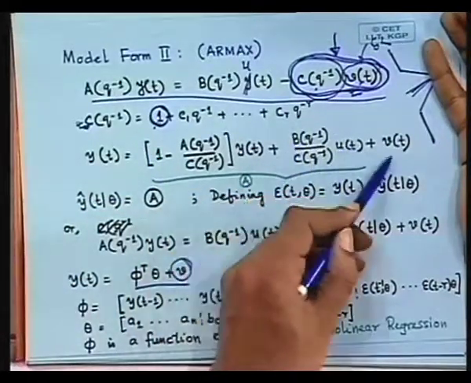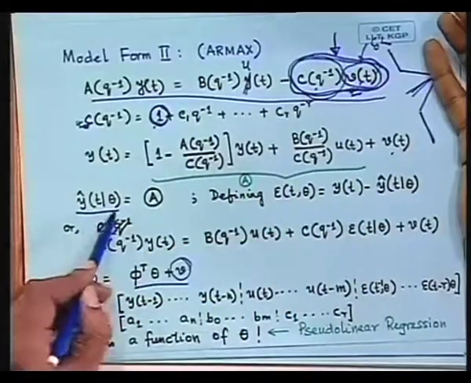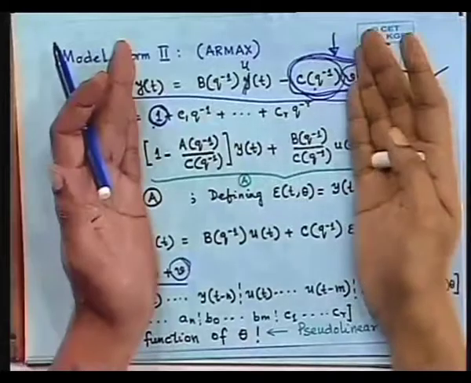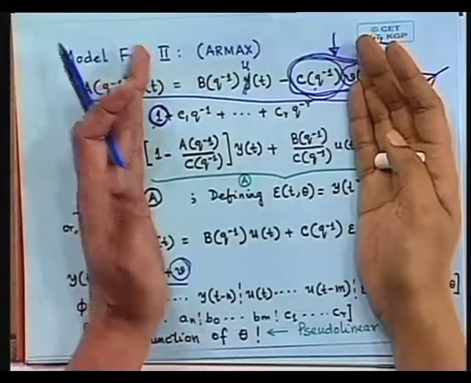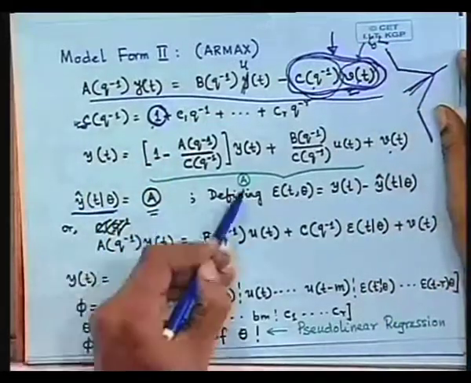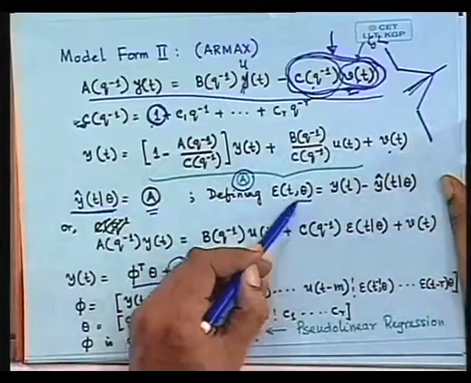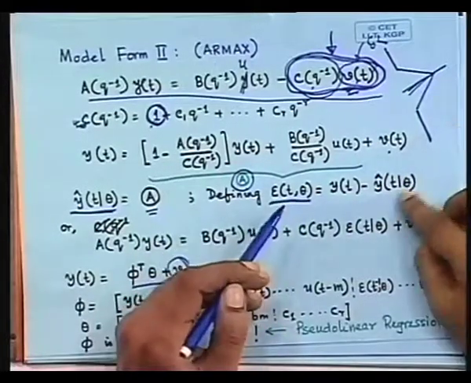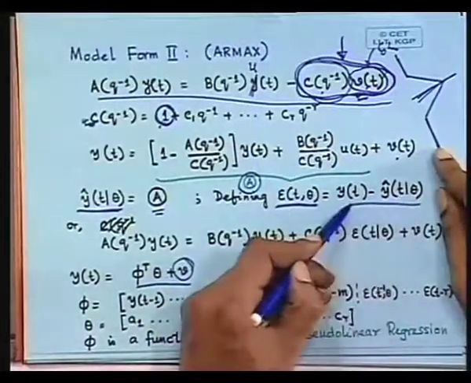This is given, this is white. So if A, B, C are given, then what is the conditional estimate? Only up to this part. The white part I cannot estimate anyway. So this is your conditional estimate, these two terms. Then what is your prediction error, given the past data and theta? It is this much.